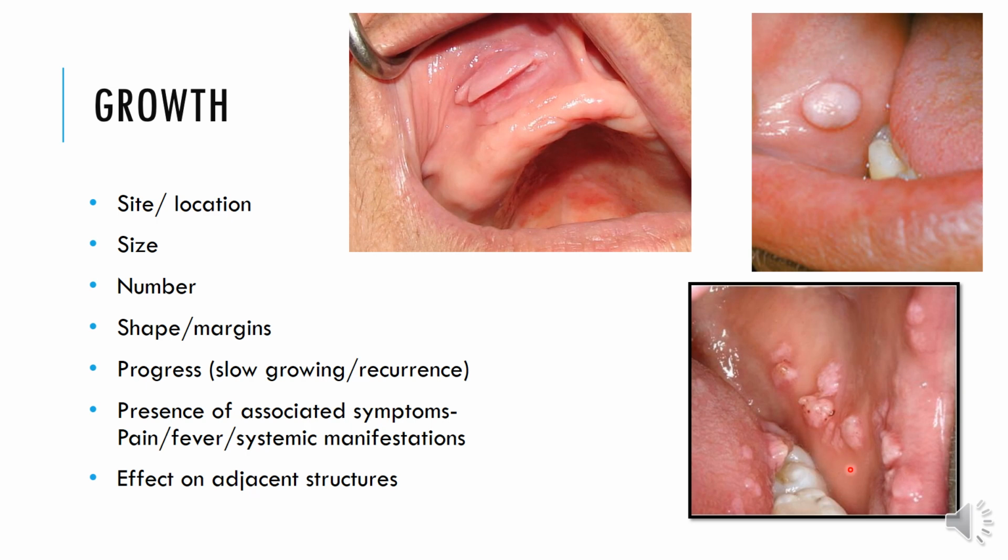In this picture here, there are rather confusing growths. You see multiple growths that are visible here. So when you're looking at this sort of a picture, the differential diagnosis cannot be something very simple like a fibrous hyperplasia or a fibroma. You should think of something more, a different etiology that has given rise to these lesions.